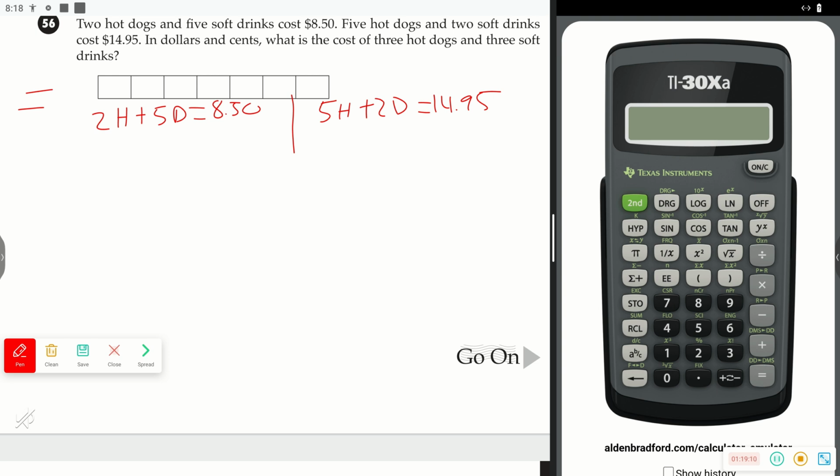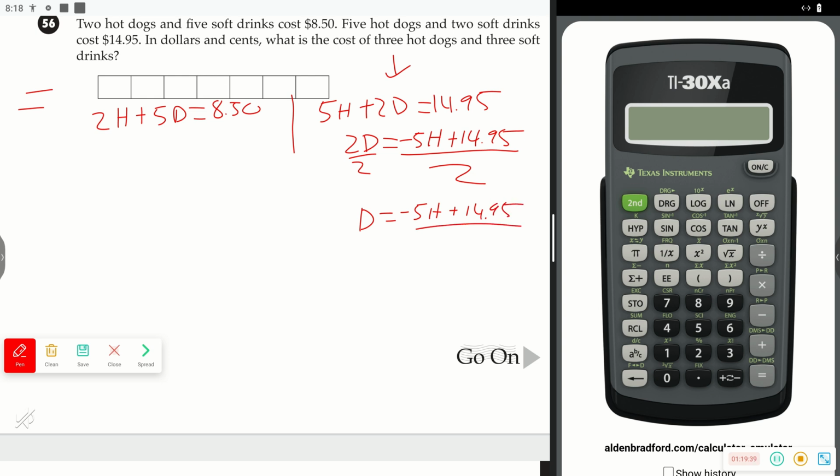That's the approach. So the first thing I'm going to do is solve for d on this equation. So I'm going to subtract 5h. I have 2d equals minus 5h plus 14.95. And then I'm going to divide both sides by 2. D equals minus 5h plus 14.95, divided by 2.